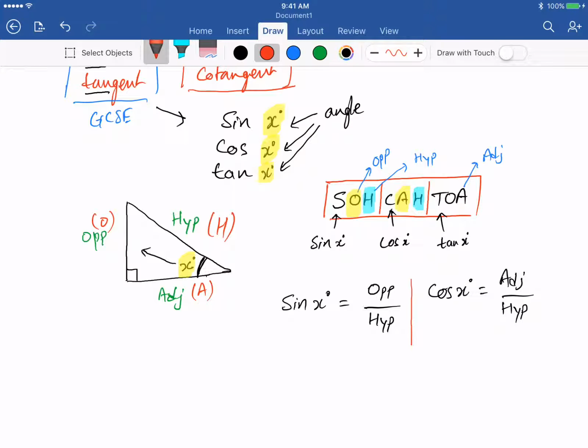And the third one is tangent, for which I can use the last one. Tangent of x is equal to O, which is opposite, divided by A, which is adjacent.